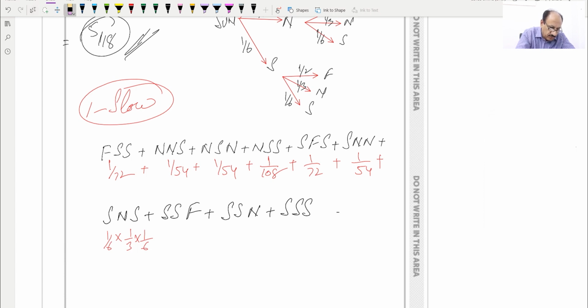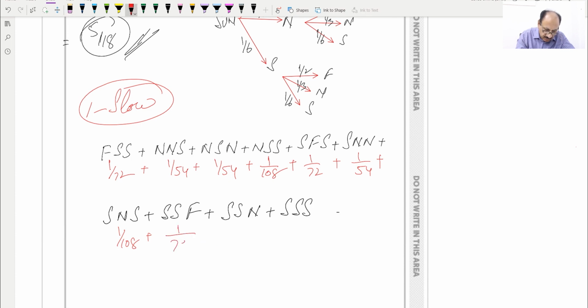So 1 over 108, plus slow will be 1 by 6 into 1 by 6 into fast will be 1 by 2. So 36 into 2 will be 72. So it will be 1 over 72.